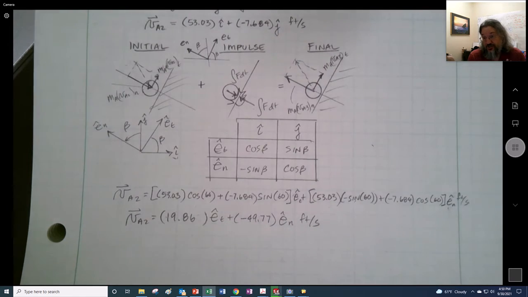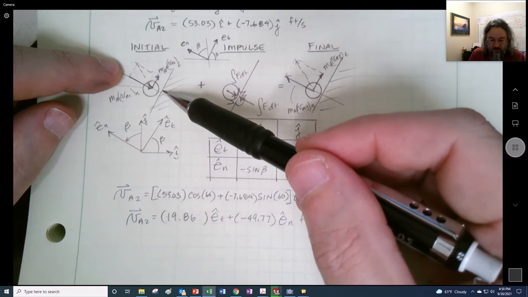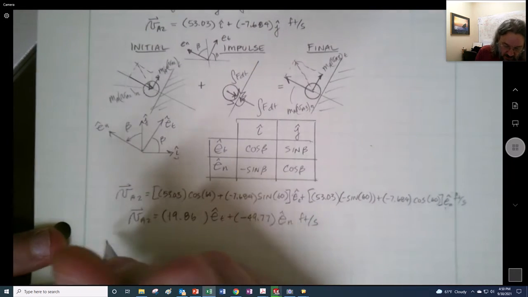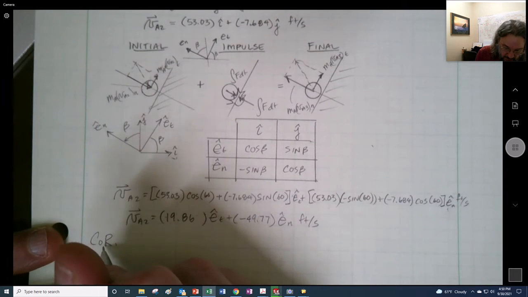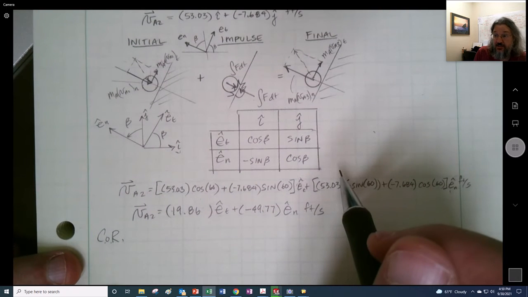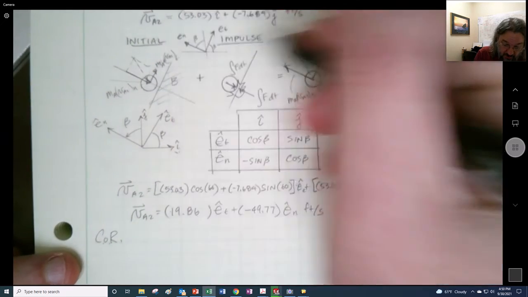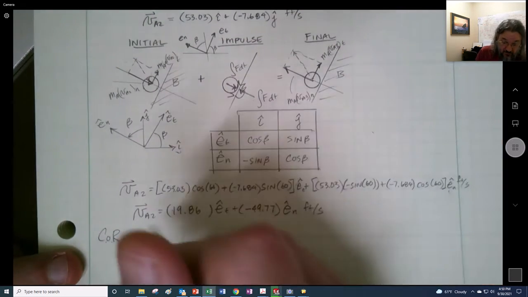But it still helps us to know that in the normal direction this thing is going to come back and bounce. So we use the coefficient of restitution, but we recognize that the velocity of the wall before and after is 0. So maybe we'll call the wall B.